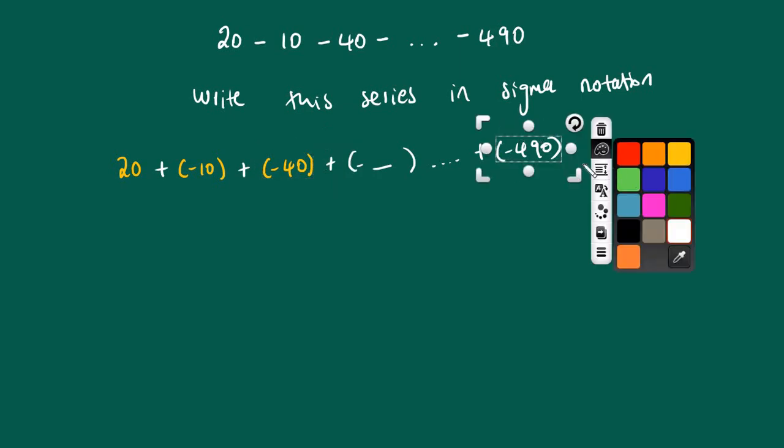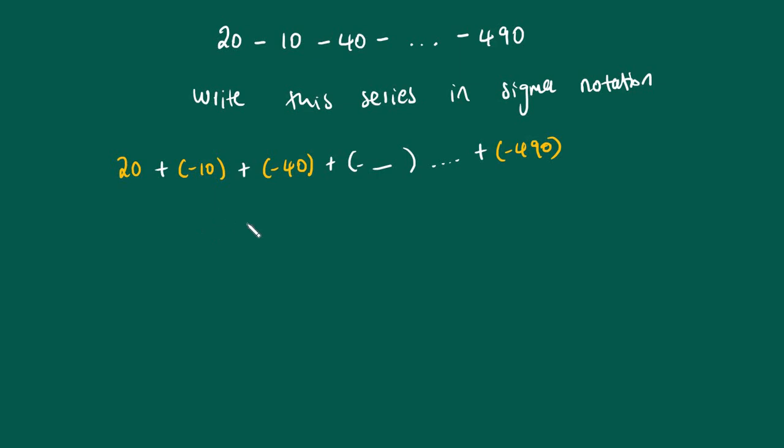So now that we know those are our terms, to check whether this is arithmetic, remember it could also be geometric, but you must check. I'm going to start with checking whether it's arithmetic. You say negative 10 minus 20, meaning the term on the right minus the term on the left, and you get negative 30.